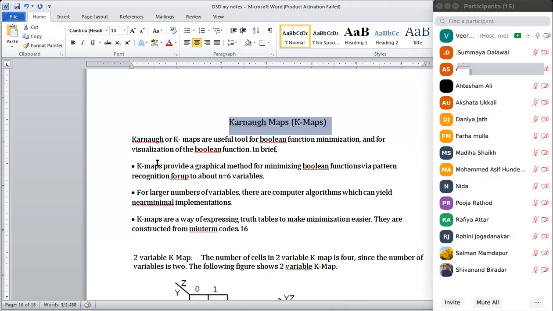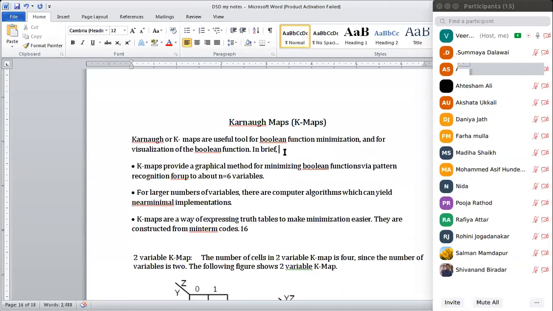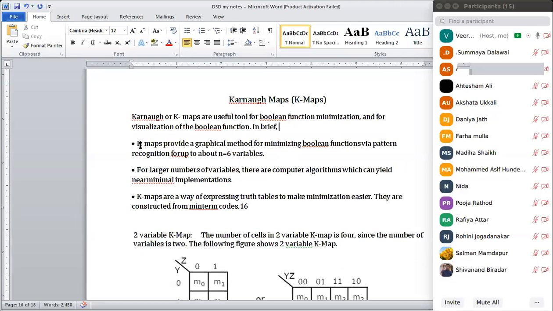Okay, fine. So K-map is very important to reduce bigger, larger expressions. K-maps provide a graphical methodology for minimizing the Boolean functions, that is via pattern recognition. This is the main important point.